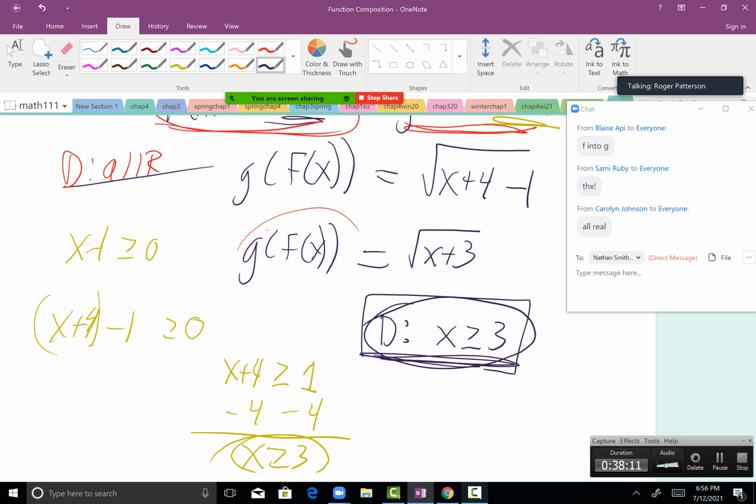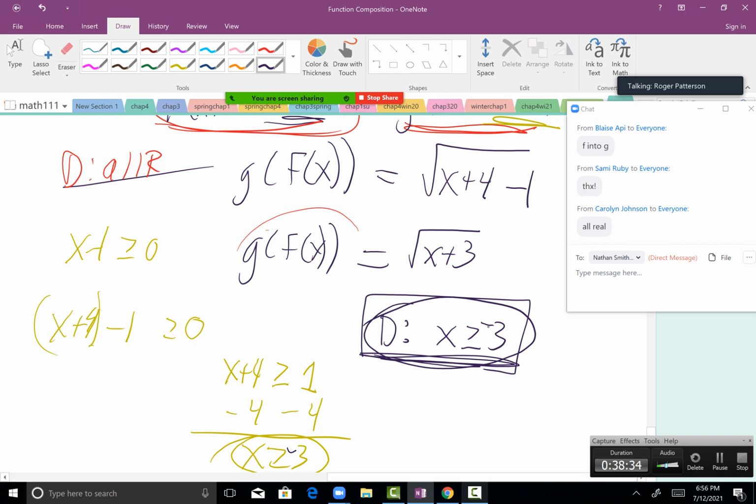Sorry, it's -3. My bad. As soon as I get greater than or equal to -3, I'm okay. But because of that g function, I had to toss out all those other numbers. But you always start with the one on the inside.